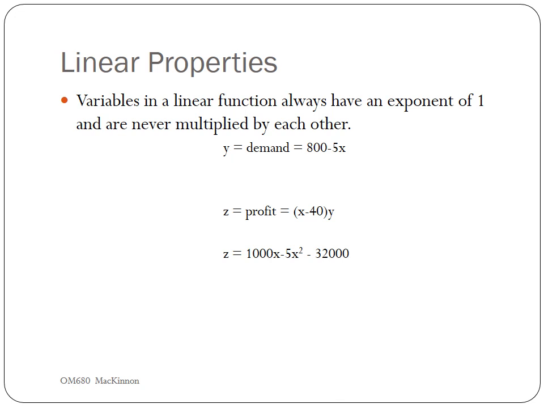There's only one variable, so it is not multiplied by any other variable, so that one is fine. However, profit ends up with an xy, and then if you multiply it through, it ends up as x squared. So these two functions are not linear.